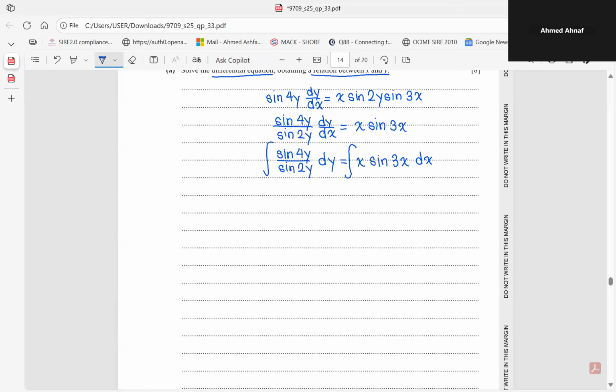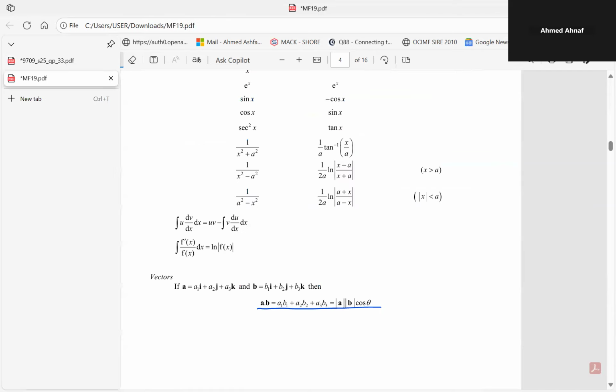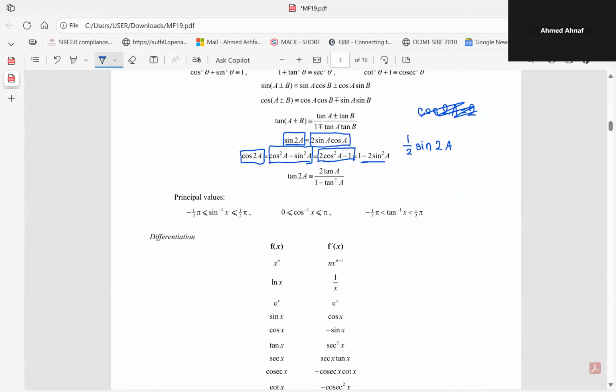So first, let's integrate the left-hand side. So sine 4y over sine 2y with respect to y. So sine 4y we can rewrite as sine 2 times 2y over sine 2y. And we can use the double angle formula for sine, okay?